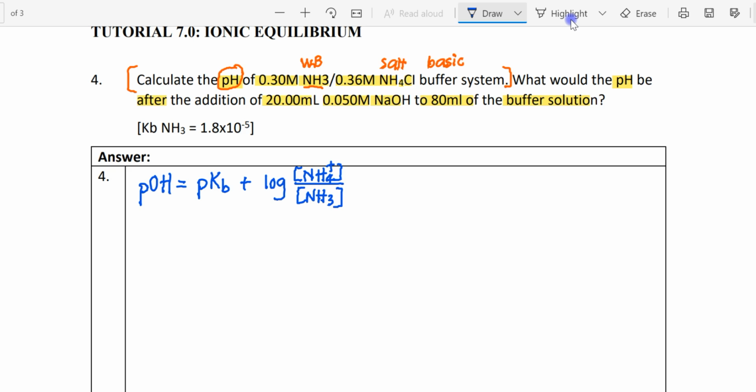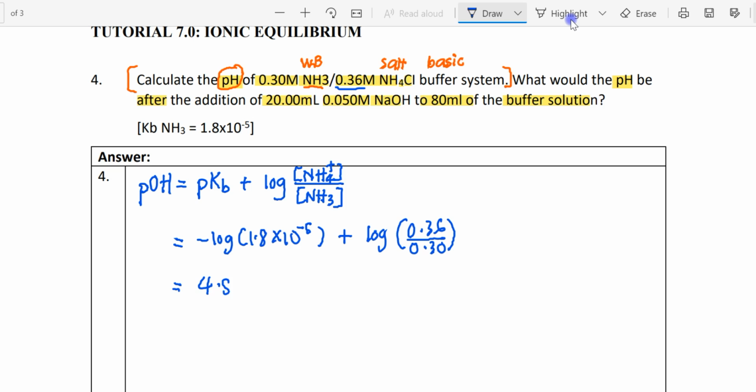Then substitute the value of pKb, negative log 1.8. The conjugate acid here comes from the salt. When you calculate, suppose you get the answer 4.82.